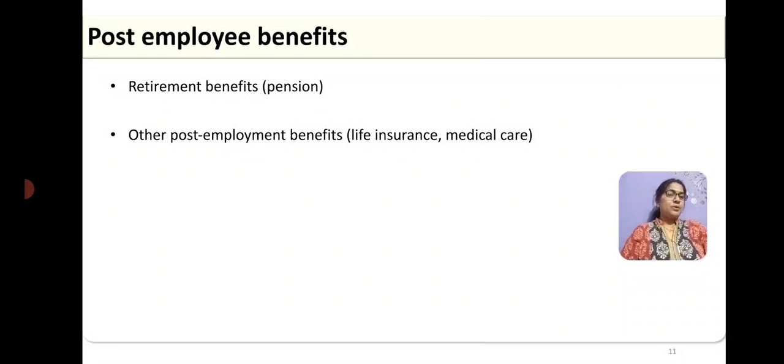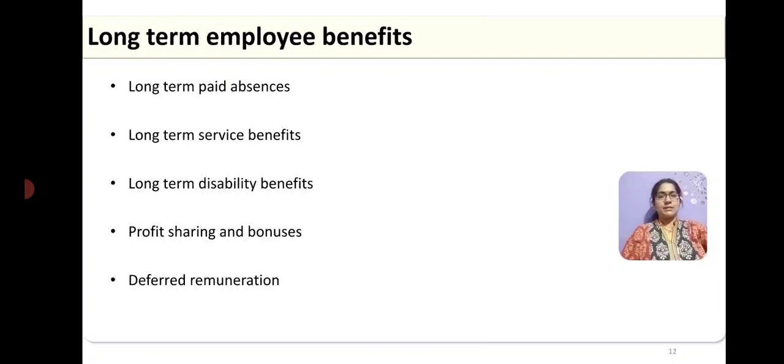Then post-employment benefits, after the employment is done by the employee, like I said, it could be a pension, a retirement benefit, or a settlement by the employer towards the employee. All those things are considered post-employment benefits.